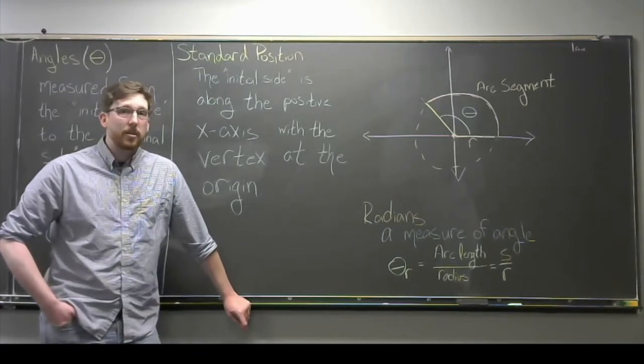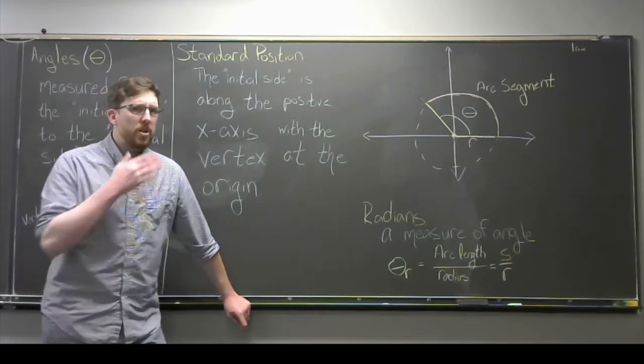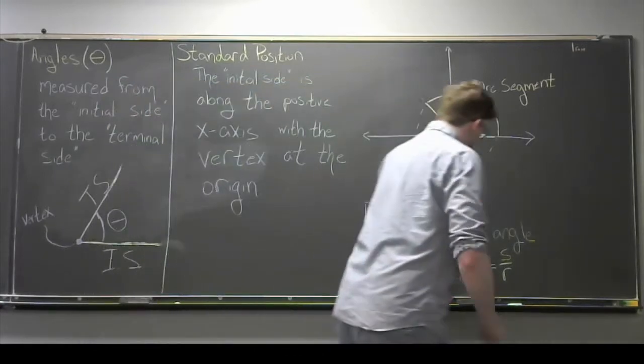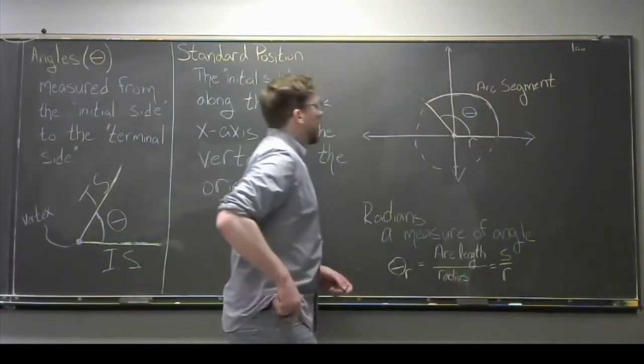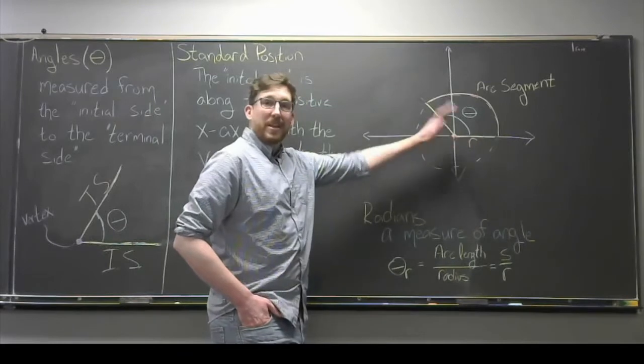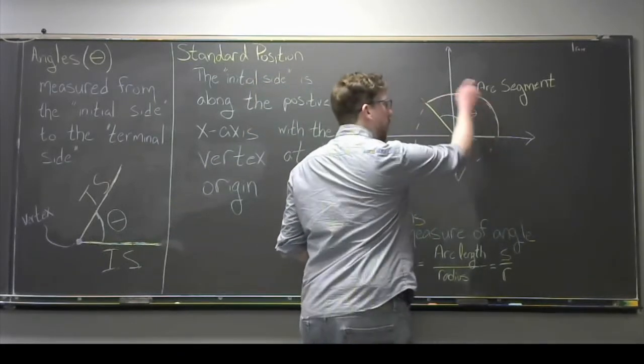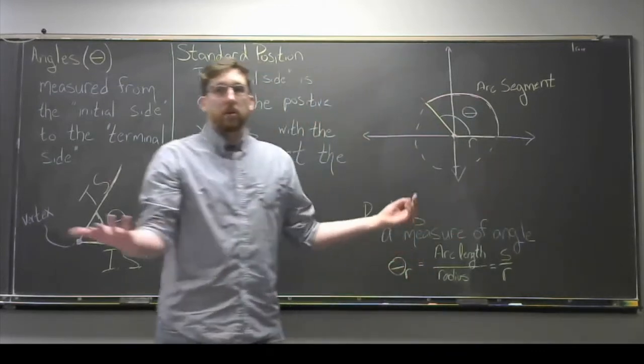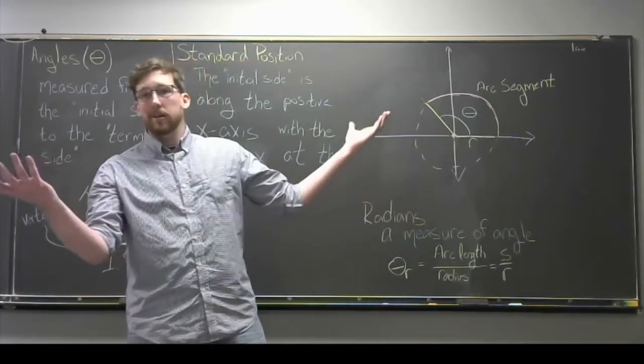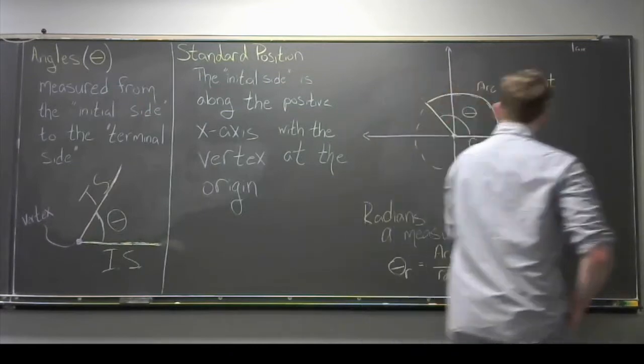Having said that, some observations we can make now. If we don't rotate this at all, well, we're at 0 radians because there would be no arc segment, right? So 0 divided by the radius, 0. Dope.